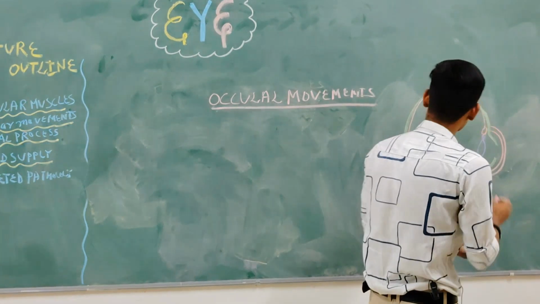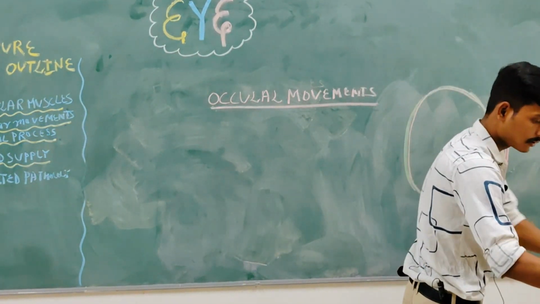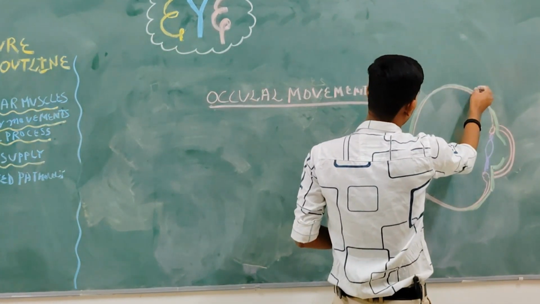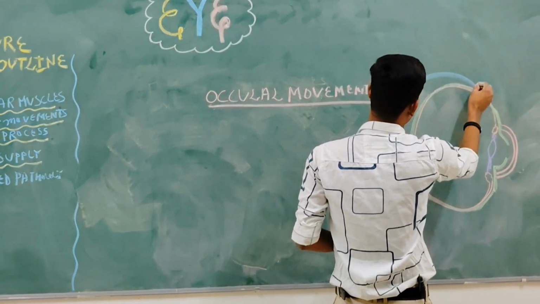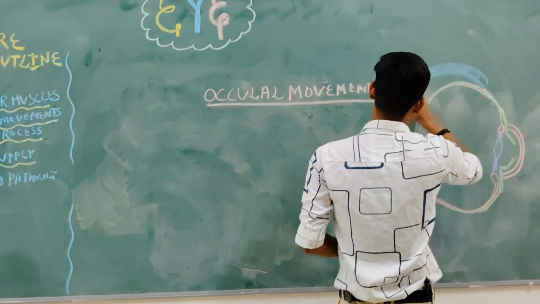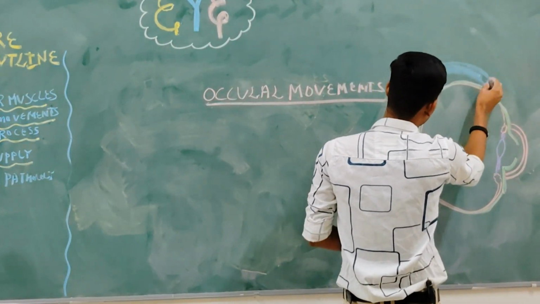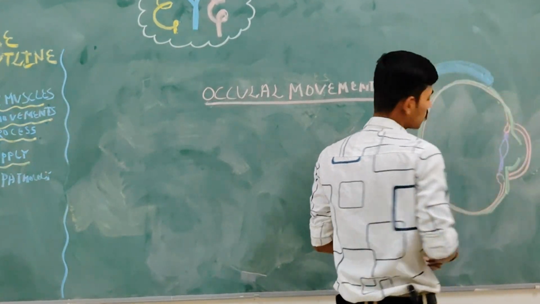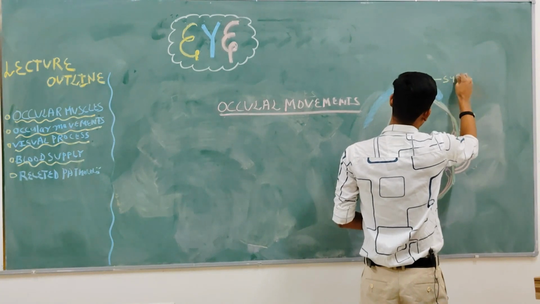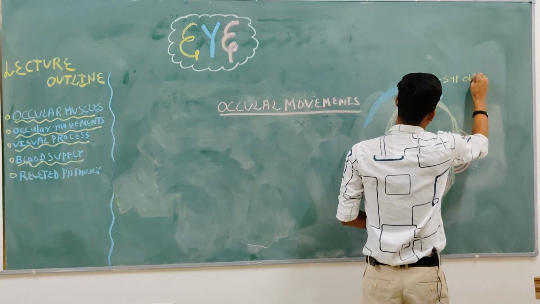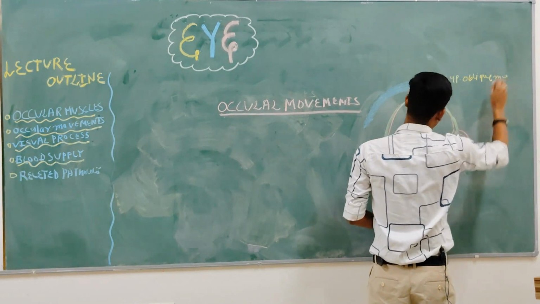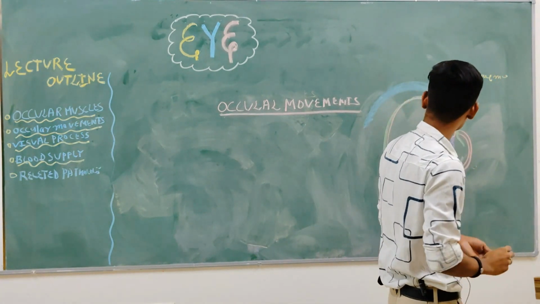The first muscle is your superior oblique muscle. This is your superior oblique muscle. Clear? Understood?